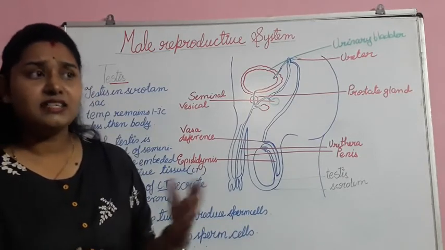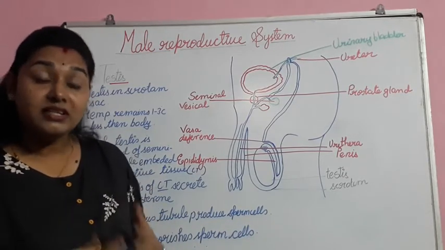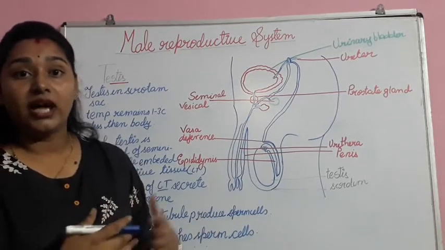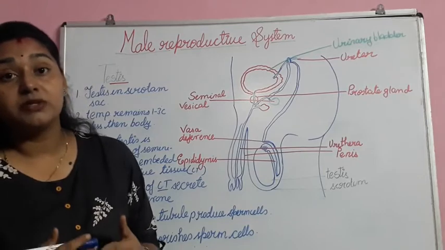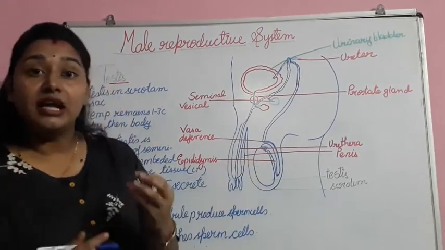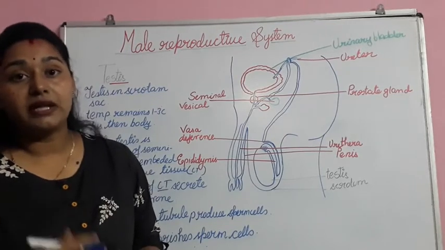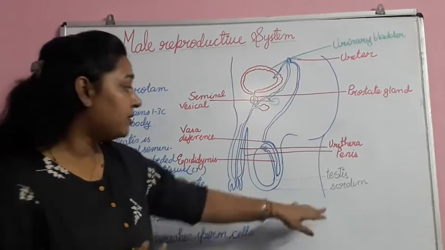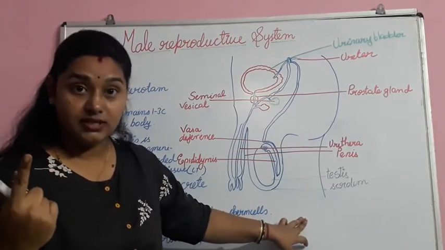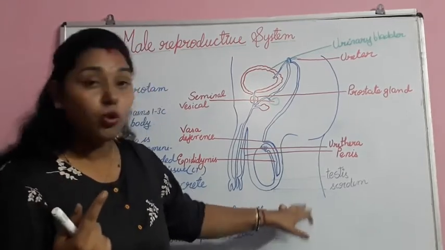Why is less temperature required? It is required to make good quality sperm cells. Sperm cells can be manufactured only when the temperature is lower than the body. So for that purpose, the scrotum sac is there. It has two works: one, to keep the temperature less than the body, and second, to hold the testis in it.